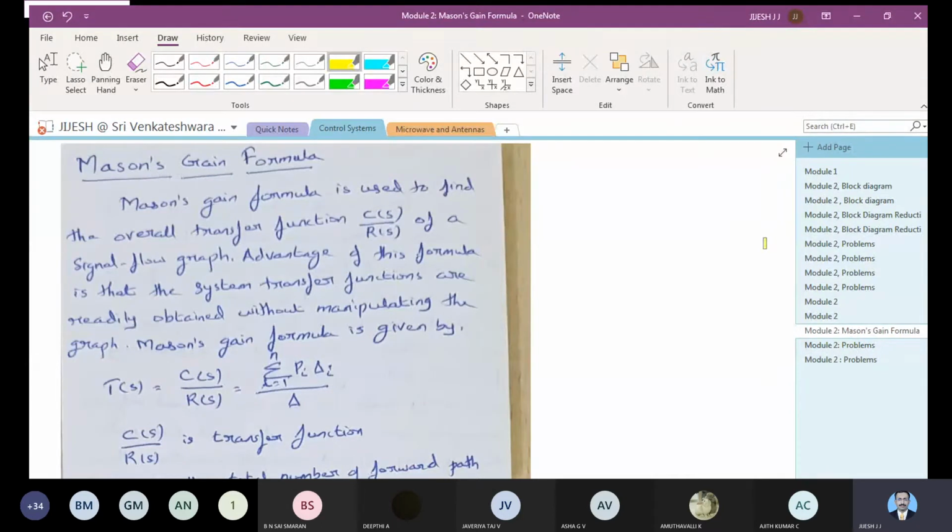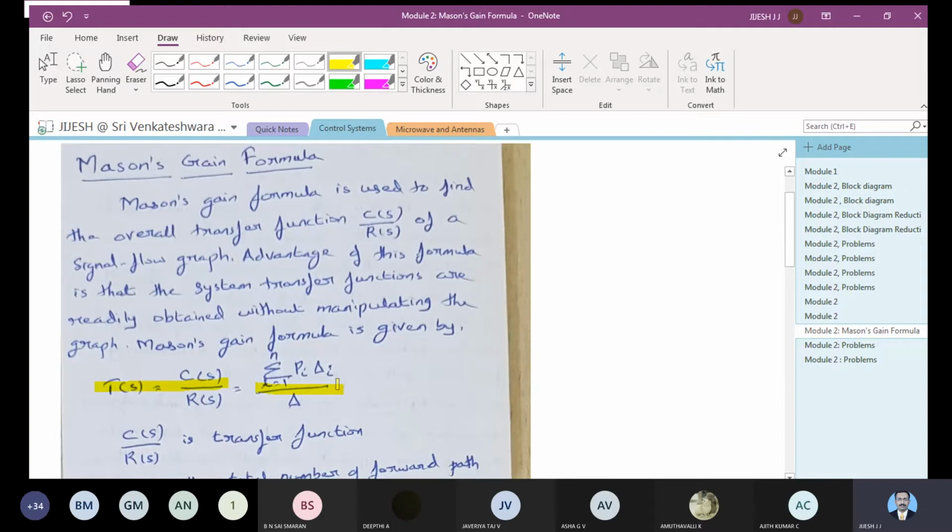Mason's gain formula is given by T of S, which is C of S by R of S, called the transfer function. It is given in this form: summation of i equal to 1 to n, Pi delta i, divided by delta. We will define everything one after the other.